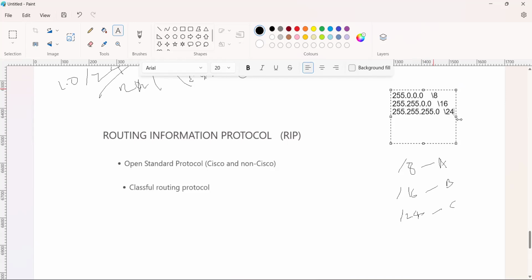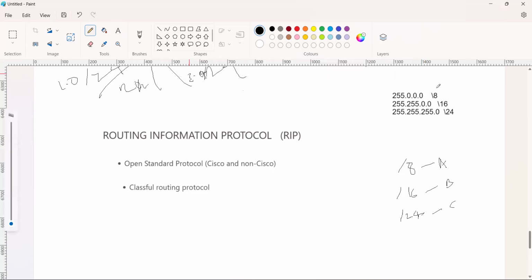It will carry these routes. RIP will carry them if the classful mask is there, only then it will carry.